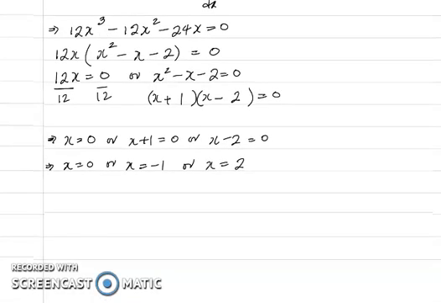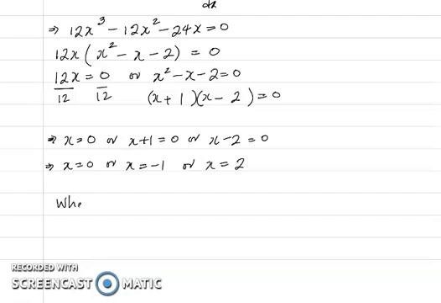So next I'm going to say when x is equal to 0, y is equal to 8. So that's coming from the polynomial. When x is 0, everything in the y is going to come out to be equal to 0, but 8 at the end.